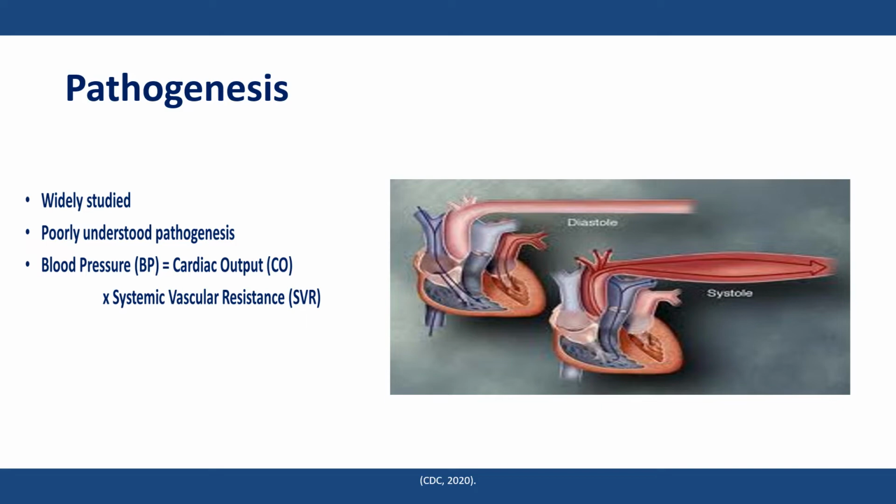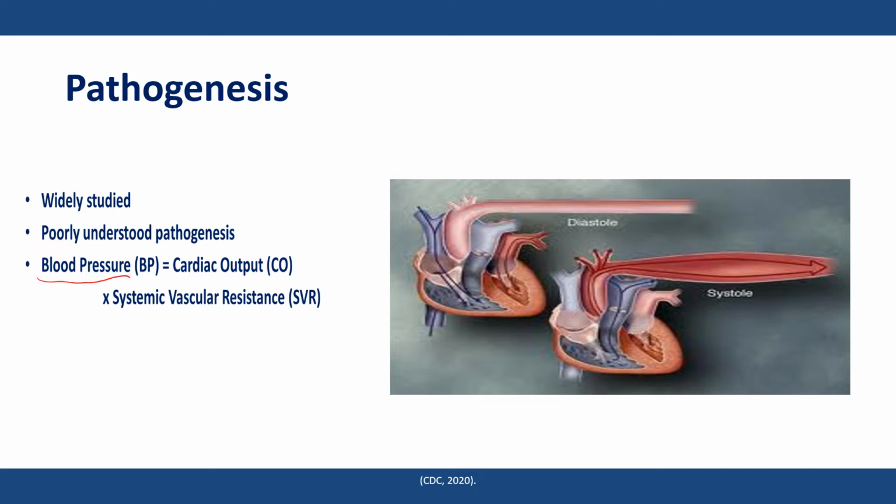It has to do with genetics and environmental factors that may have a multiple compounding effect on the cardiovascular and renal structure as well. Now, in general, blood pressure can be determined by this equation over here.